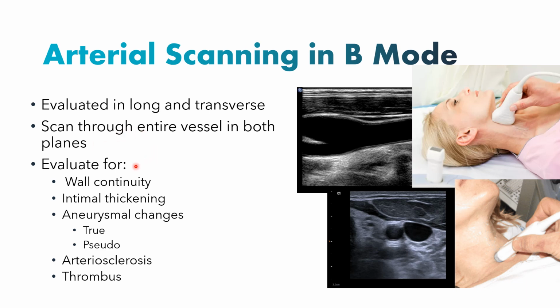When we're looking at the arterial vessels, we're going to look for wall continuity, watching the tunica intima when possible, and looking for the continuous flow of those walls, because that will optimize the smooth flow of blood within the vessel.